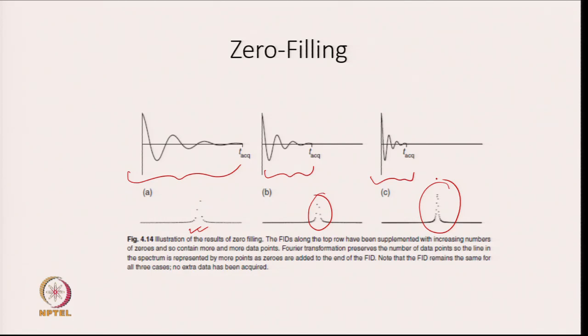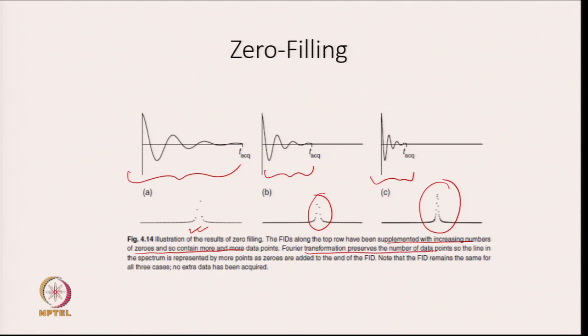What zero filling does is that the FID along the top row has been supplemented with an increasing number of zeros, so it contains more and more data points. Here you can add more zeros, and thus you can have more and more data points.